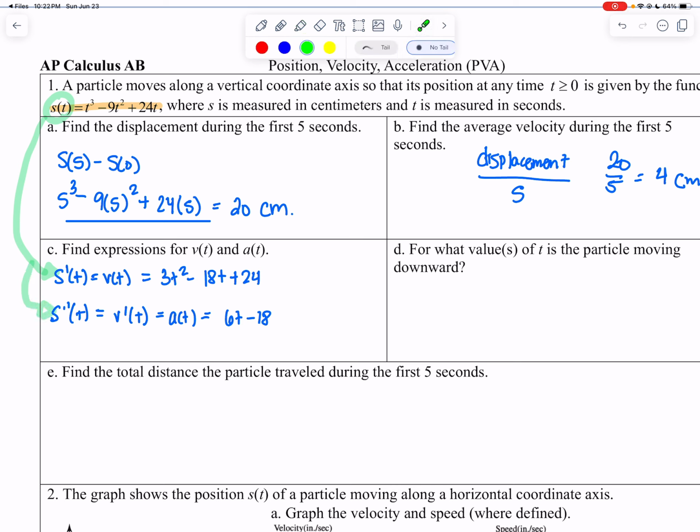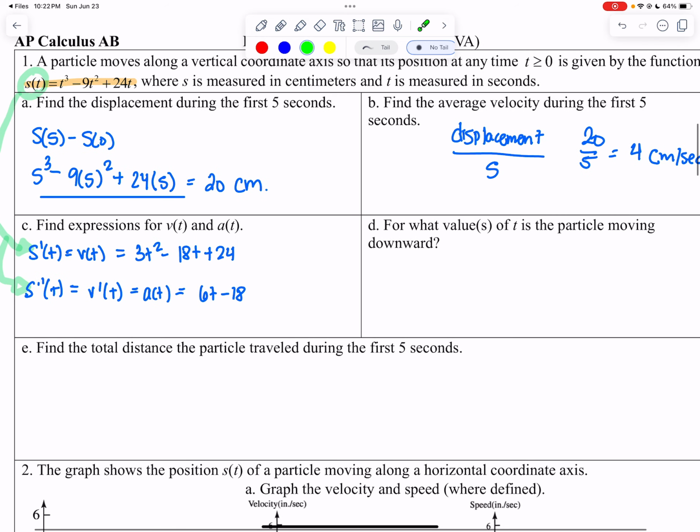So you can't just say v of t and a of t. You do want to note that velocity is the same thing as s prime of t, and acceleration is the same thing as s double prime of t. If you don't put that, then points may be taken off because I don't know where you're getting v of t from and where you're getting a of t from.